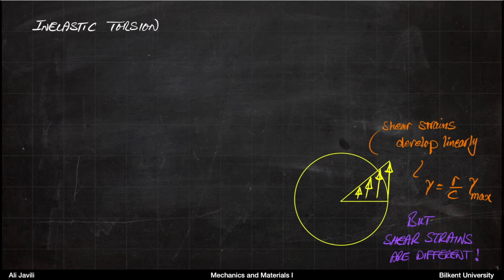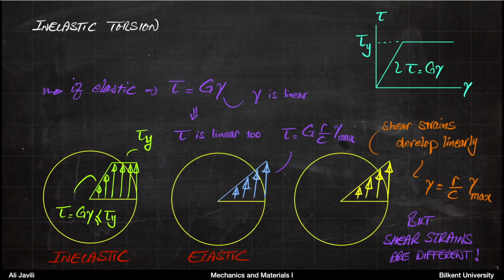Now, if we increase the stress further, we also reach the yield limit. When you reach the yield limit, it means that some parts of the material would yield and some parts would still behave linearly. Because the distribution is linear, you can imagine that at the outer edge you reach plasticity, while inside the stresses are smaller, so they may remain elastic.